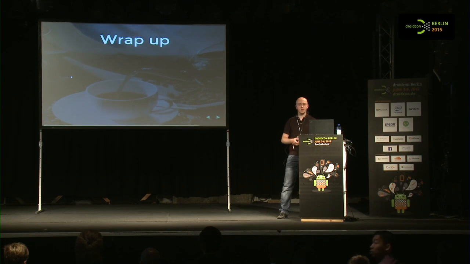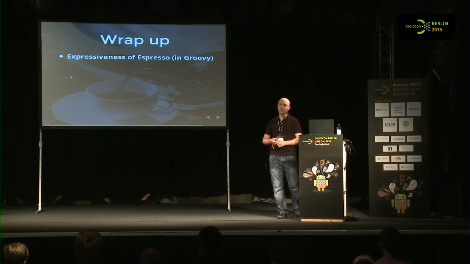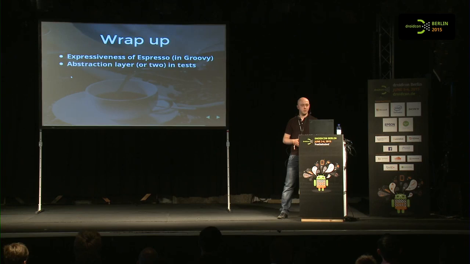And to finish this, let's see what we've learned today. That Espresso is a bit expressive. In Groovy, it's more fun. I found it the first time I started using Espresso in Groovy. Without all the dots, it's very readable compared to Java. But most of you are probably using Java. It's still really, really nice compared to Robotium.